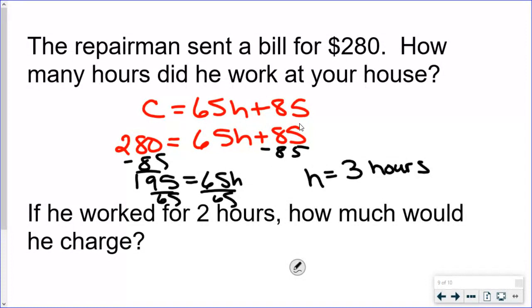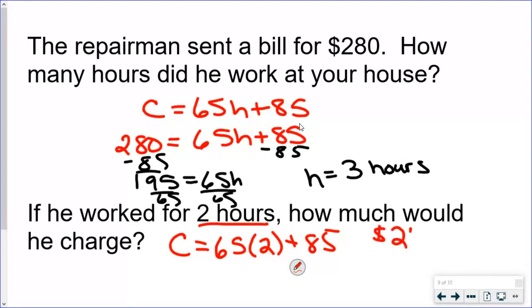If he worked for 2 hours, how much would he charge you? So now he worked for 2 hours. So you don't know the cost. It's $65 per 2 hours plus $85 to walk in the door. So 65 times 2 plus 85 would cost you $215.